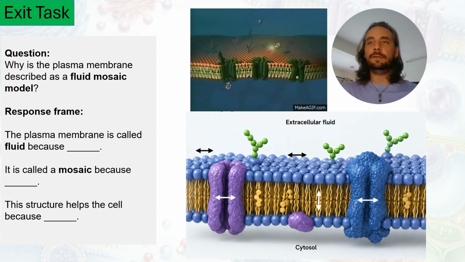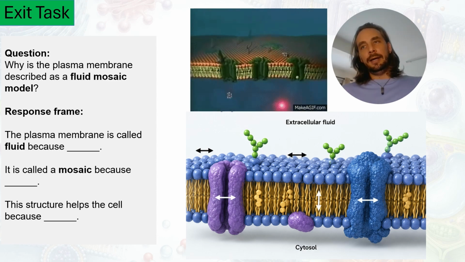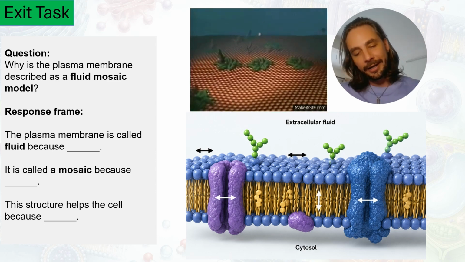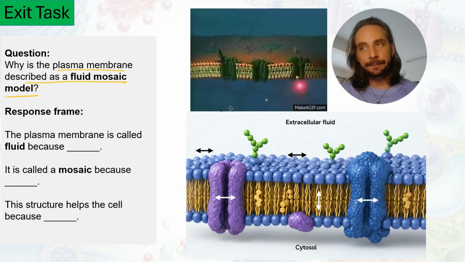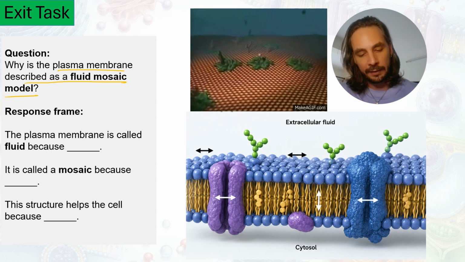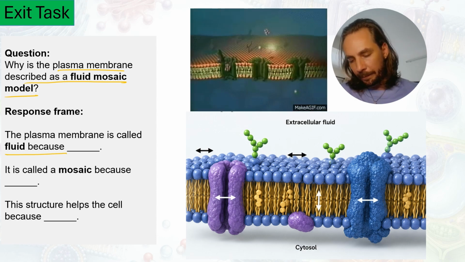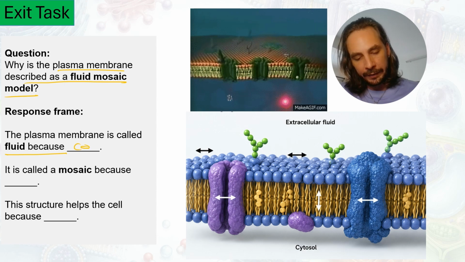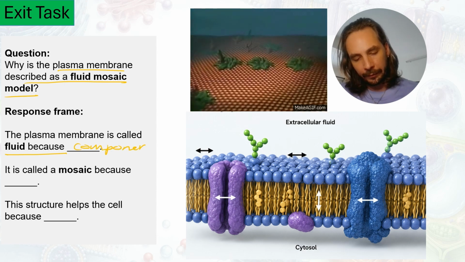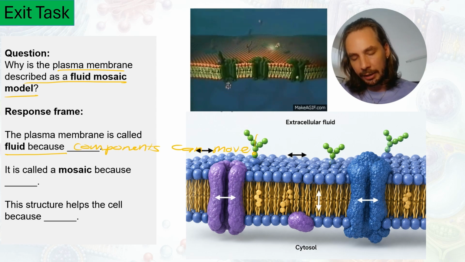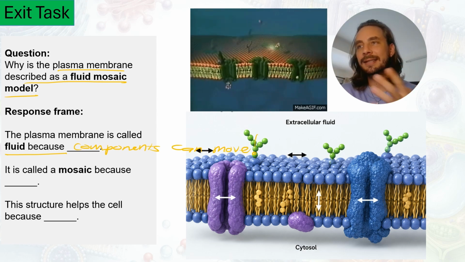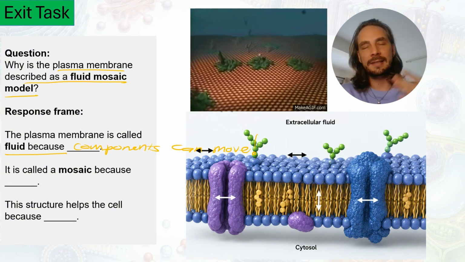The exit task for today. So why is the plasma membrane described as the fluid mosaic model? And the plasma membrane is called fluid because the components can move. Okay, they can move around. It's not static structures.